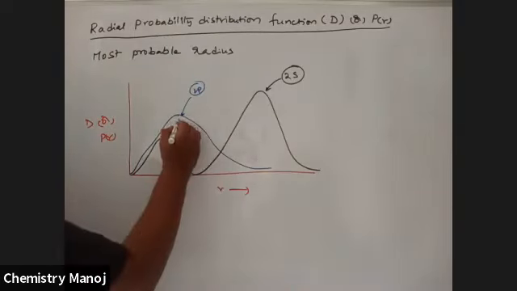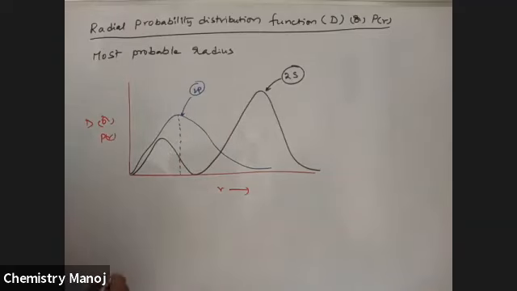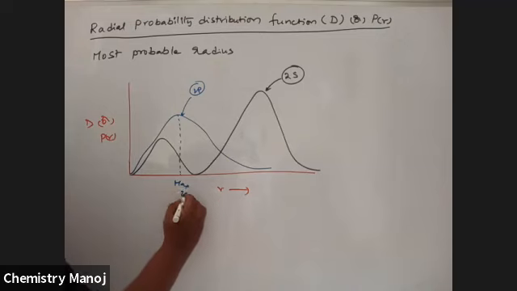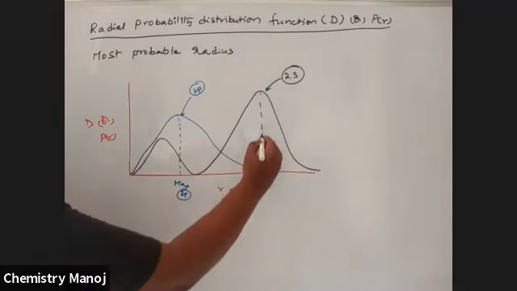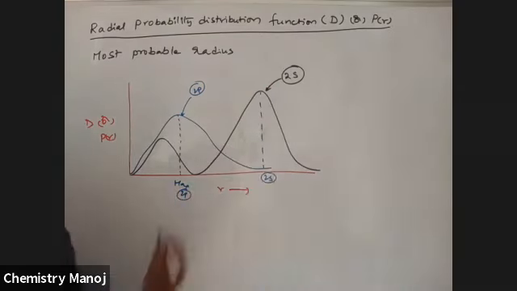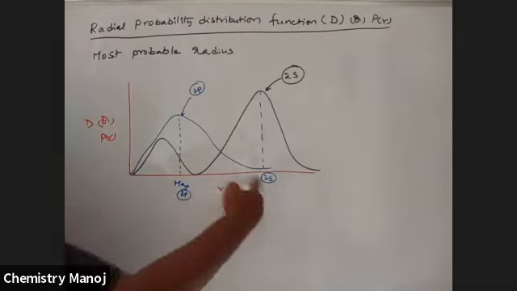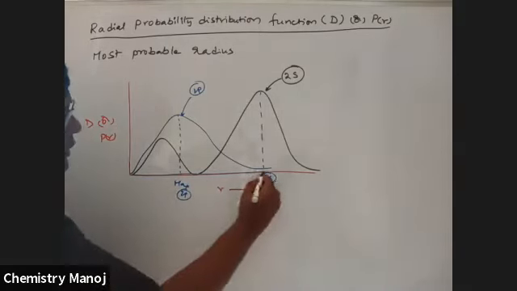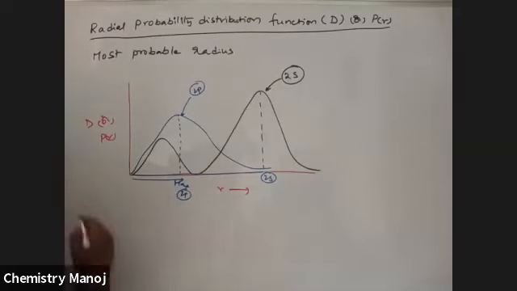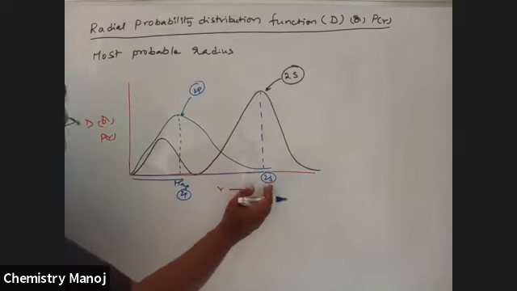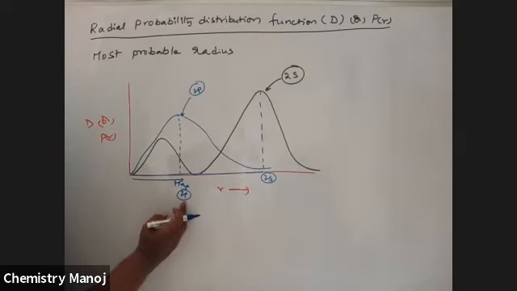Now it is the maximum distance. This is the maximum radius for 2S, but this is the maximum radius for 2P. That means the maximum radius for 2S is greater than that of 2P.